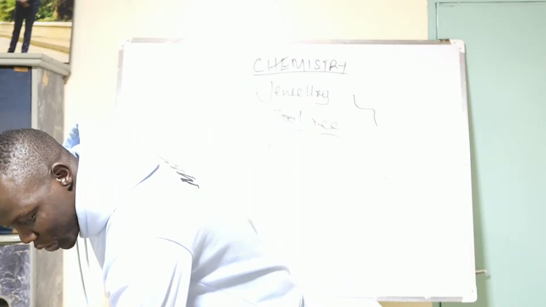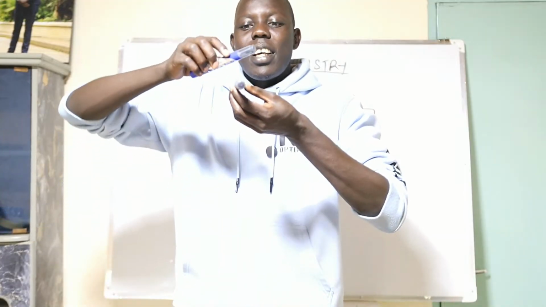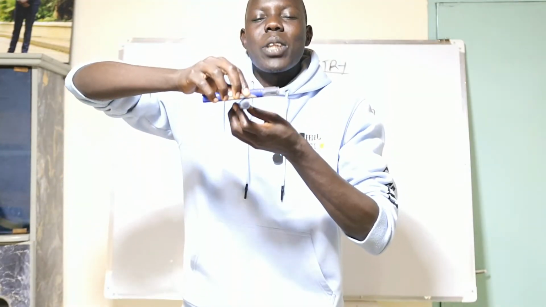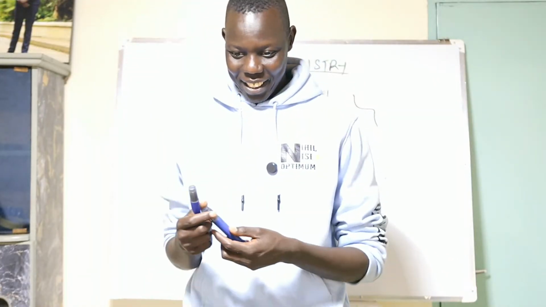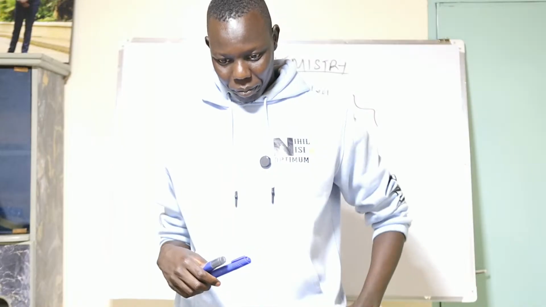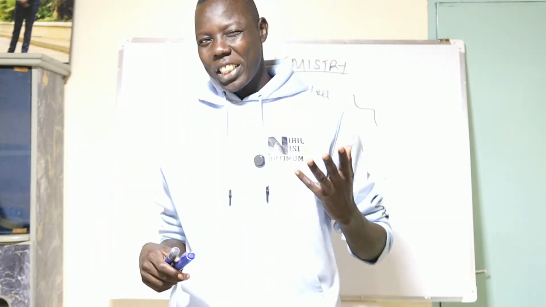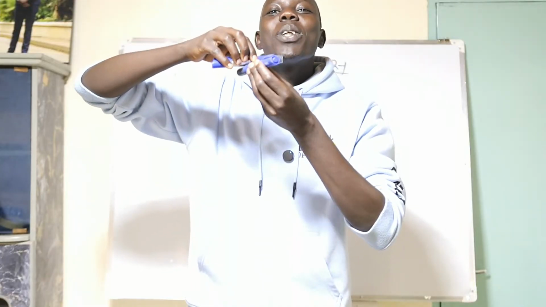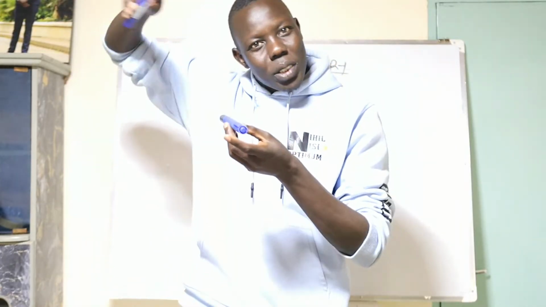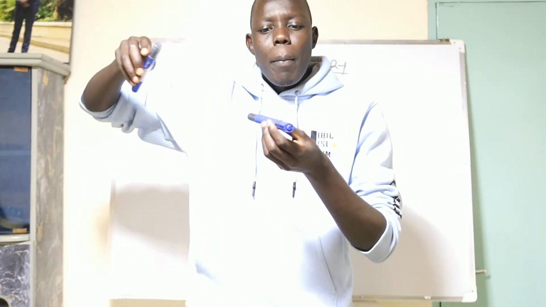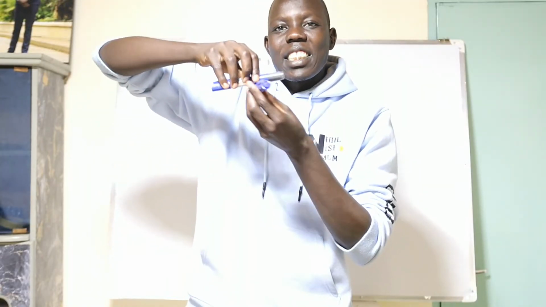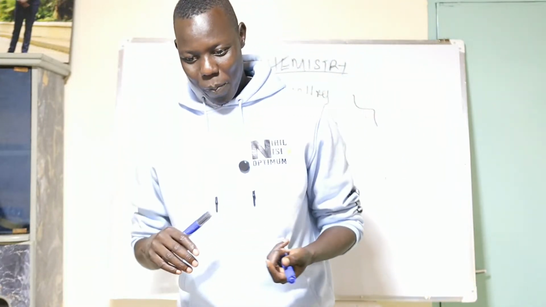If it has 2 layers like this, when you press this, it will slide on the other one. That's why it is slippery. And why is it so? Because between this layer and this layer, it has weak van der Waals forces. Between the atoms themselves, it is a covalent bond. But between the layers, it is weak van der Waals forces. So they can easily slide over each other when pressed.